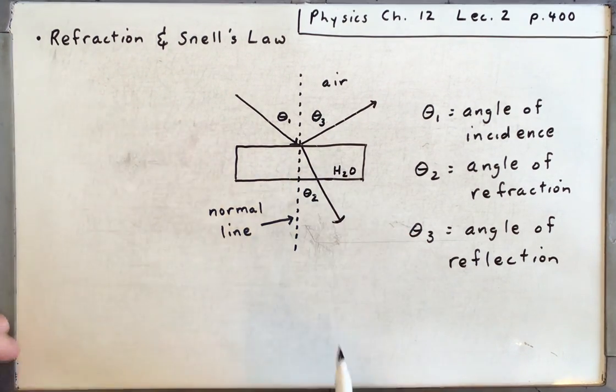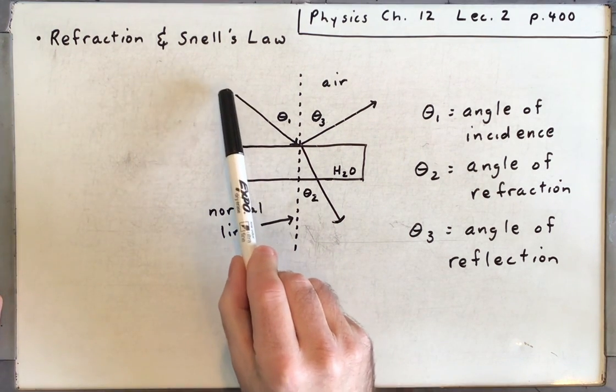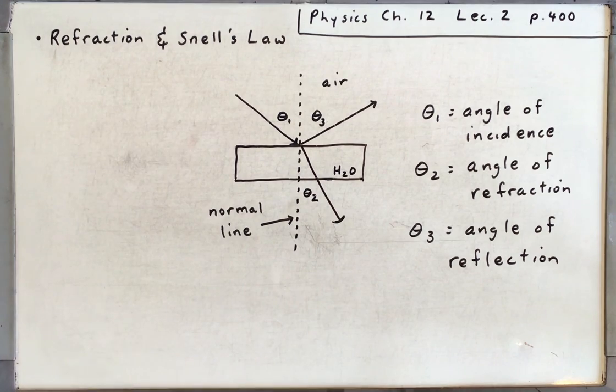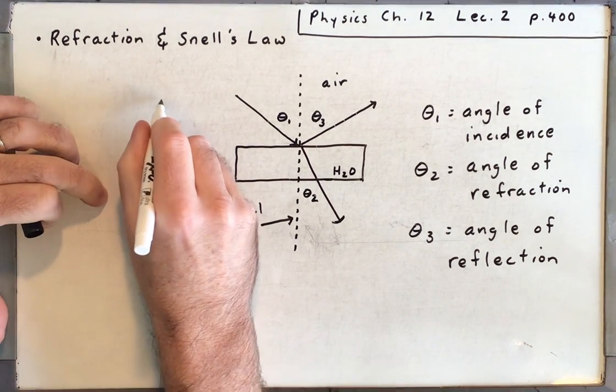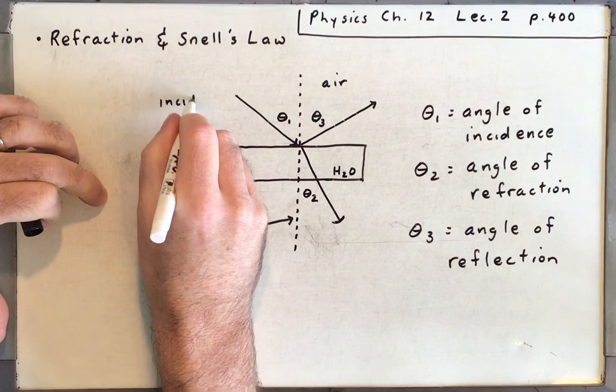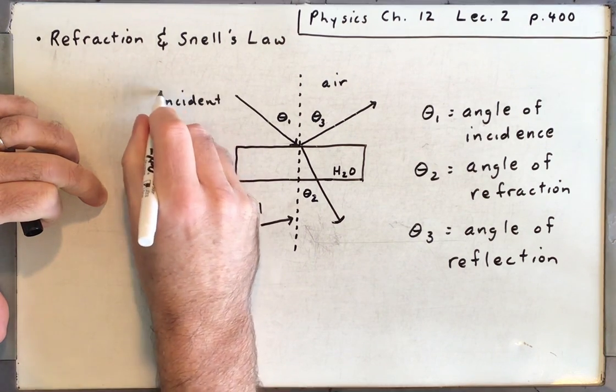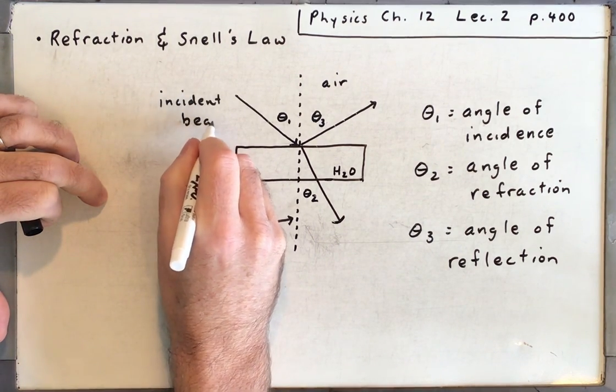All right, so this line here represents an incident beam. Okay, so that's from the source.